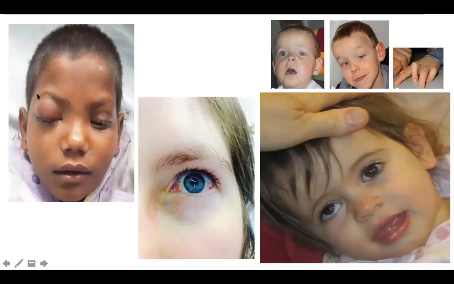You can see obvious swelling around the eyes, which is red, with a restriction of eye movements, indicating a local cause like orbital cellulitis or a more serious, sinister cause like cavernous sinus thrombosis. An obvious telangiectasia can give a clue to ataxia telangiectasia, and an unusual hypertropia, or a squint in which the eye is up along with a neck tilt to the opposite side, gives a clue to a fourth nerve palsy.